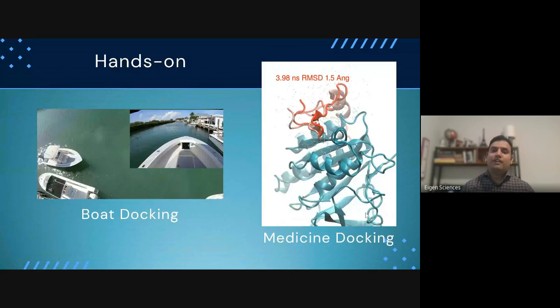You have to find the right Lego so that it can fit and also bind with the first Lego. Remember this video. I will show you a hands-on experience. So remember this boat video; at the end of this presentation, I will show you an example, a hands-on experience of molecular docking. That will give you a much better picture.